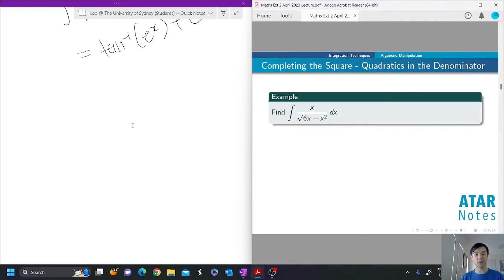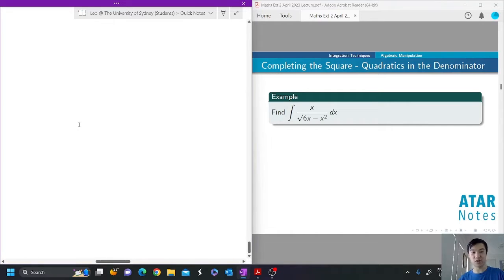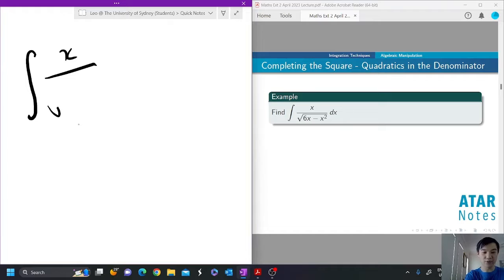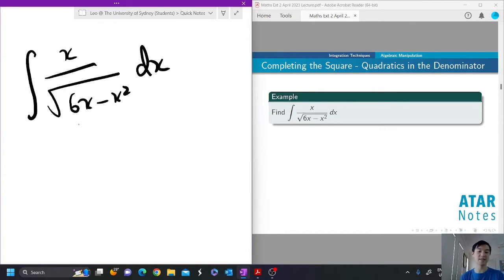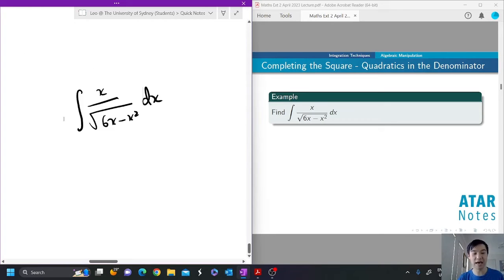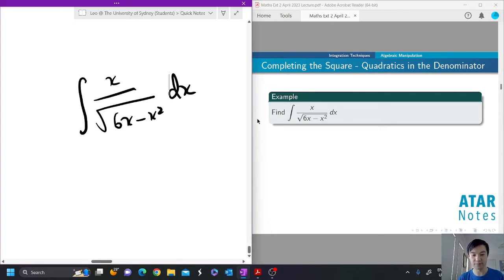Let's say we are asked to integrate x over root of 6x minus x squared with respect to x. Notice how in this fraction we have a square root in the bottom, and we also have an x term in the top.